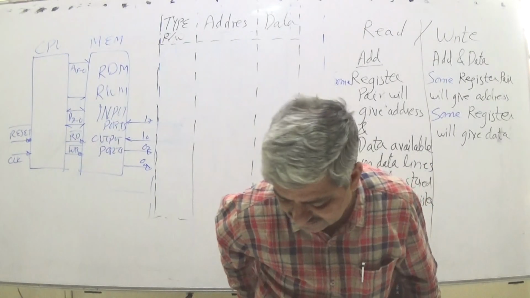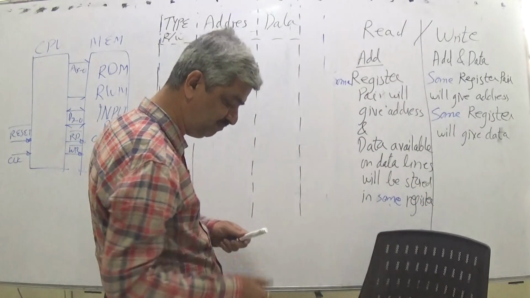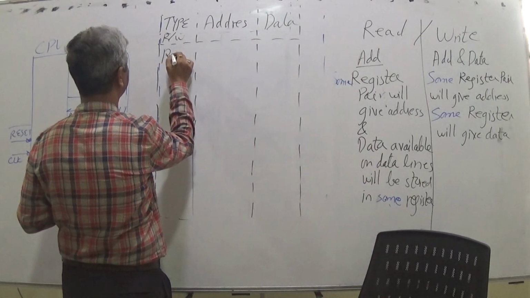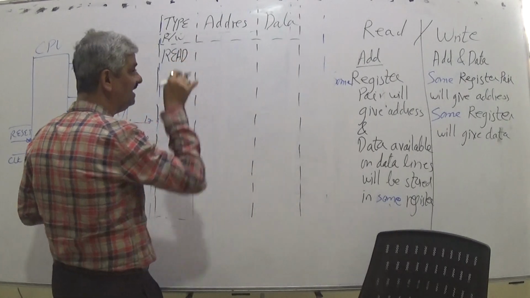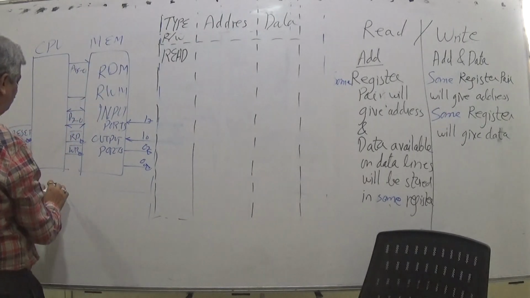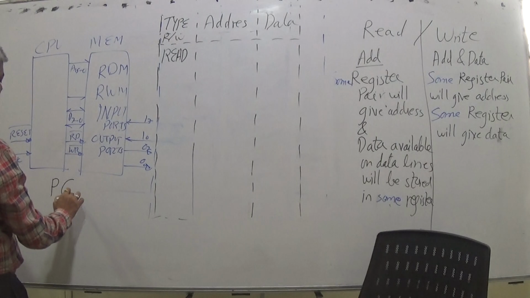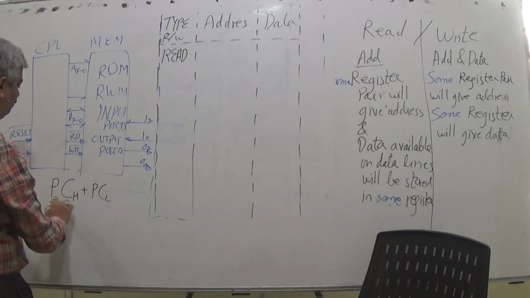So after reset, it must be a read cycle. And for the address, there is one register pair inside the microprocessor called the program counter, PCH 8-bit plus PCL 8-bit together.